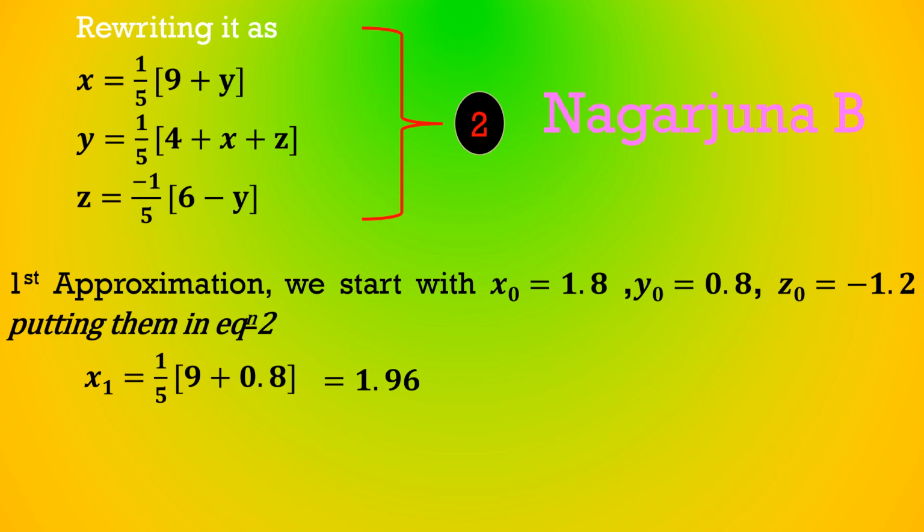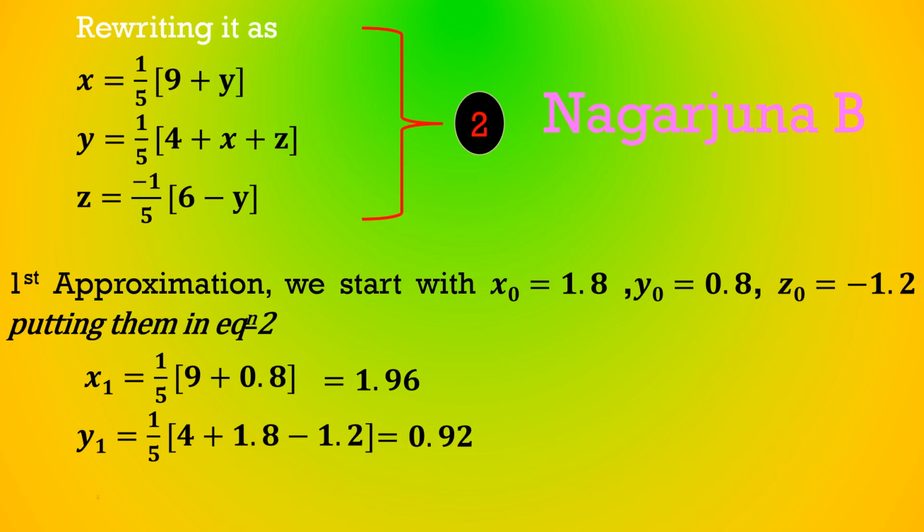The next we need to calculate the y value, that is y1. y1 is equal to 1 divided by 5 into 4 plus x value 1.8 and z value minus 1.2. In the calculator, you can write, open the bracket, 4 plus 1.8 minus 1.2, close the bracket, divided by 5, and that answer is 0.92.